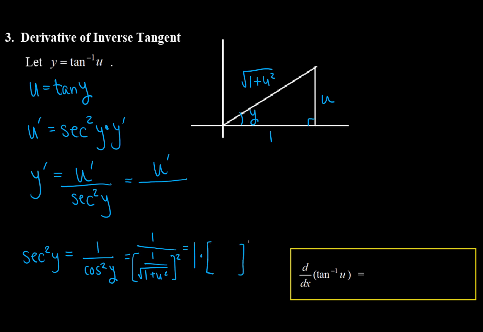Also, when I square a square root, the insides come out. So for secant squared y, I'm going to end up with 1 plus u squared, no square root. Cool, eh? And that's what goes here. So the derivative of the inverse tangent is u prime over 1 plus u squared.